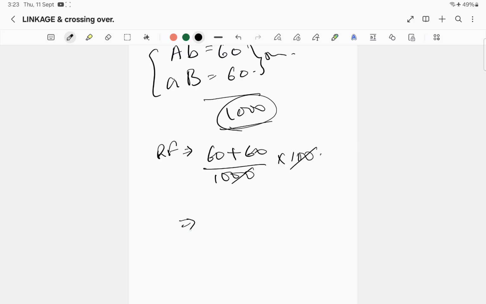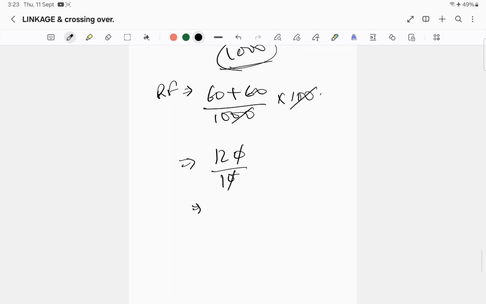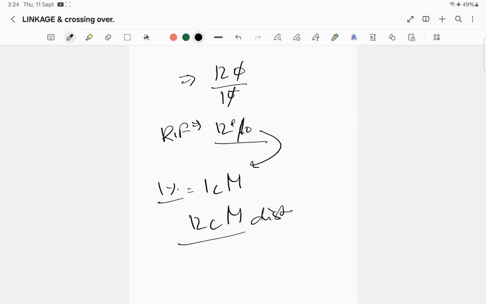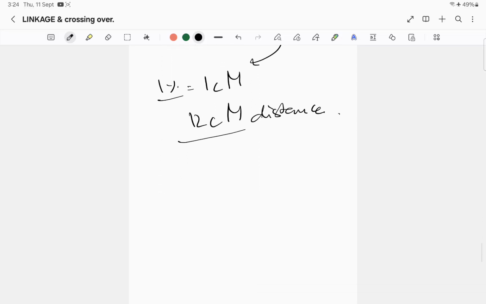Two zeros will be cancelled, so it will be 120 divided by 10, and it will be 12. So the recombination frequency is equal to 12%. When we convert this 12% into centimorgan, 1% of recombination frequency is equal to 1 centimorgan, right? So 12% will be a 12 centimorgan distance, right?